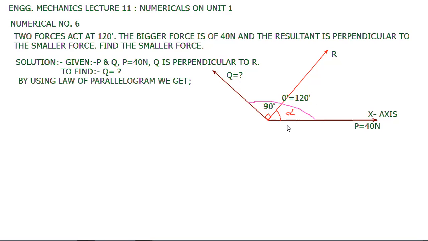So theta is equal to 120 degrees, and you have to find alpha. How will you find alpha? Alpha is equal to 120 degrees minus 90 degrees. This will be your value of alpha.